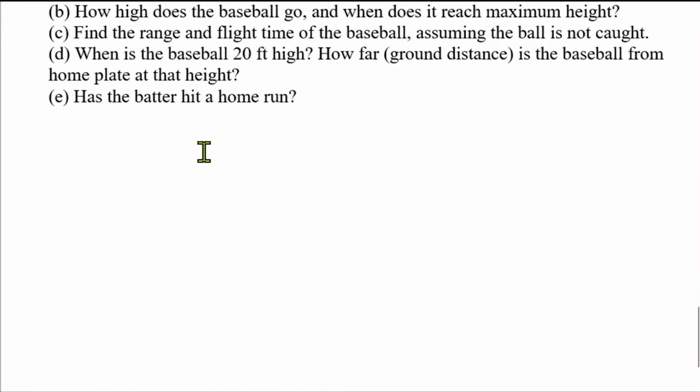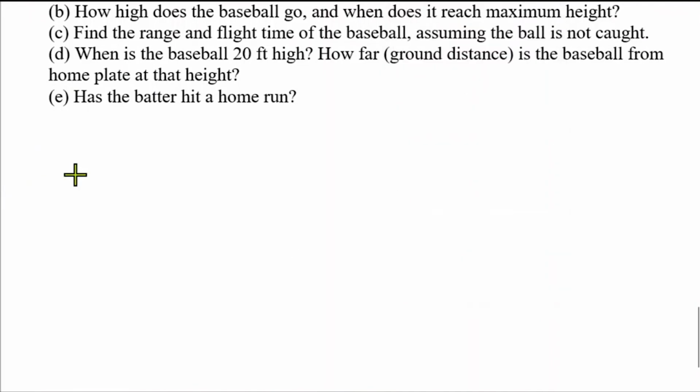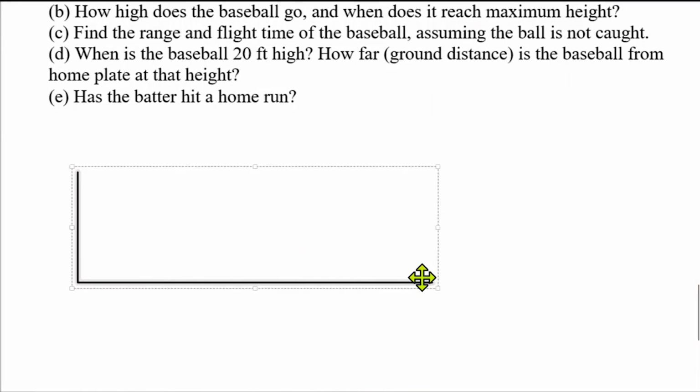Okay, let's do this. I'm going to draw this picture. So what we have is this case. And then the ball is launched here with the initial velocity at 23 degrees.